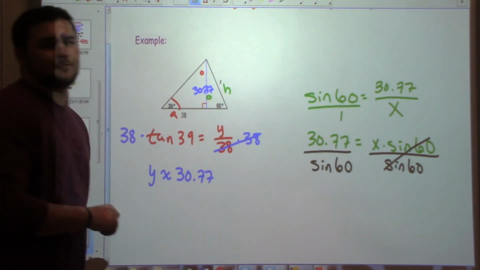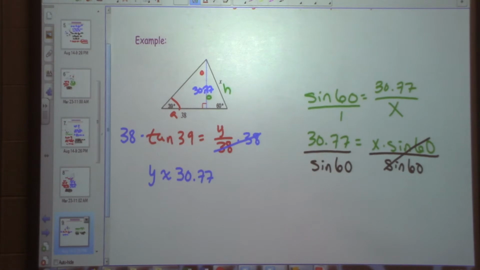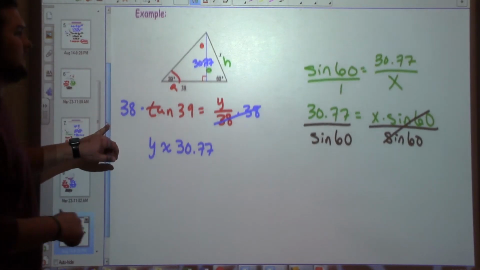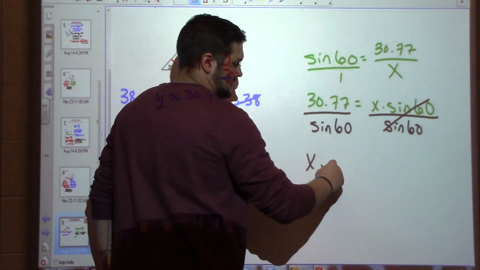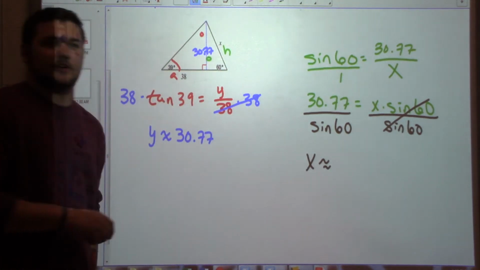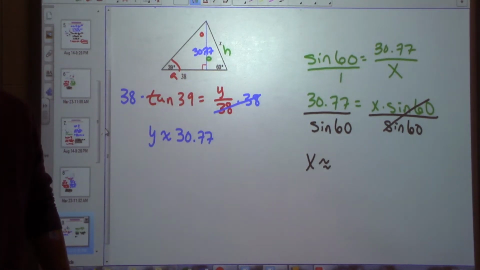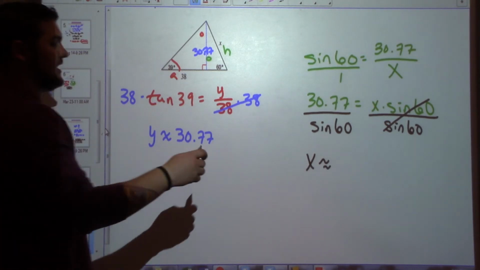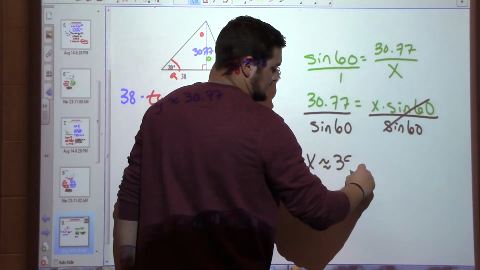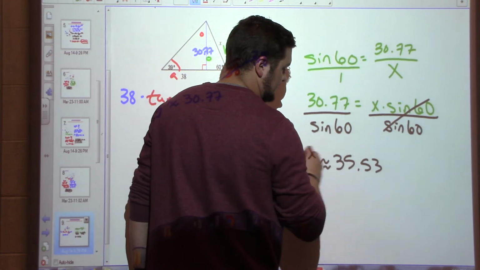So in our calculator, we should punch in 30.77 divided by sine of 60. Should give us that elusive x value we're looking for. 35.53. Colton, you agree? Jalen agrees. Everyone agrees? 35.53.